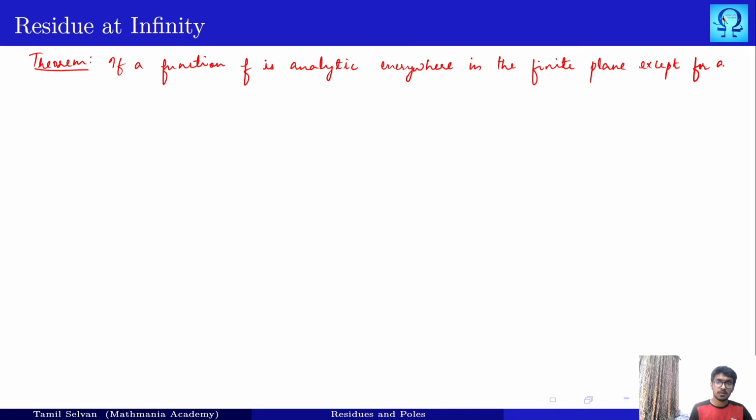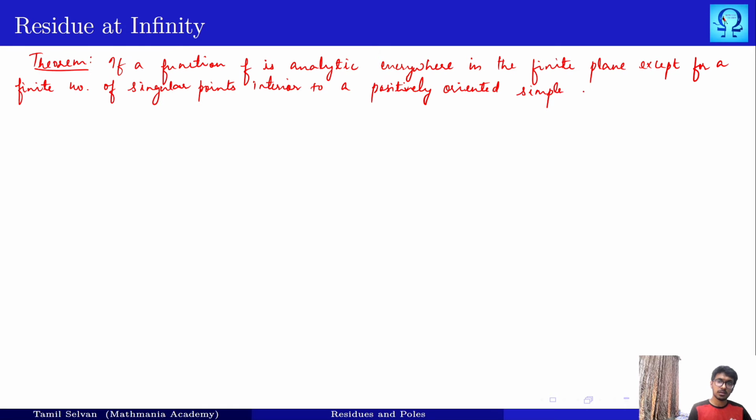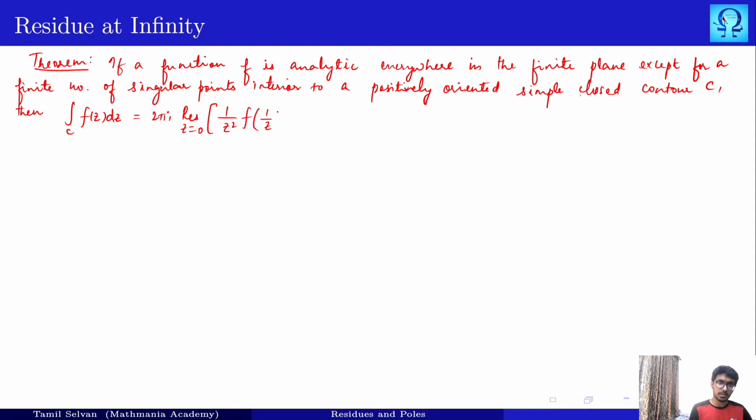except for a finite number of singular points interior to a positively oriented simple closed contour C, then integral over C of f of z dz is equal to 2 pi i times the residue at z equals 0 of 1 upon z squared times f of 1 upon z.